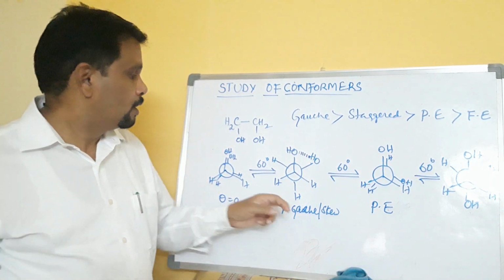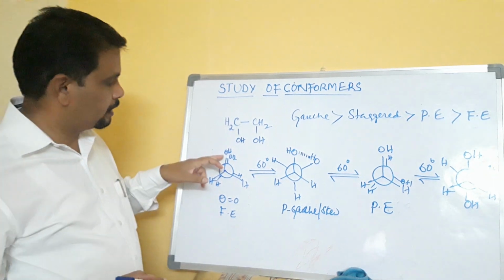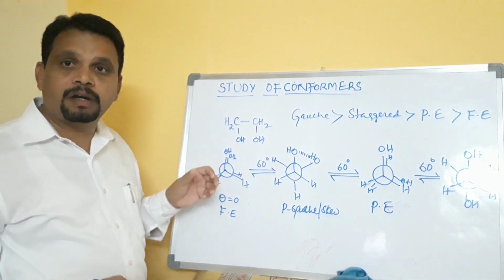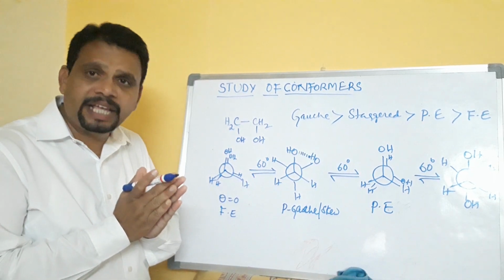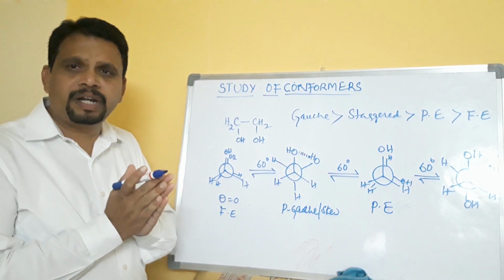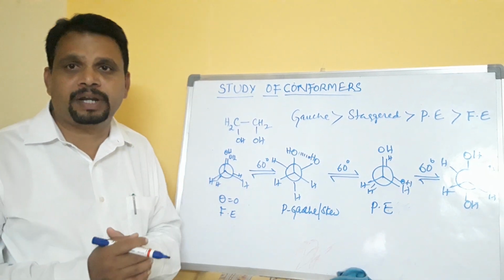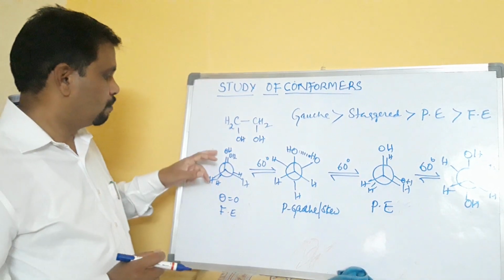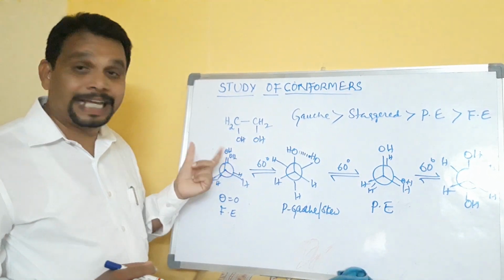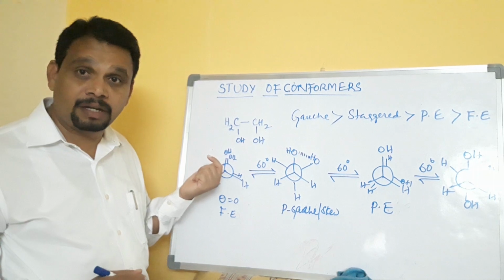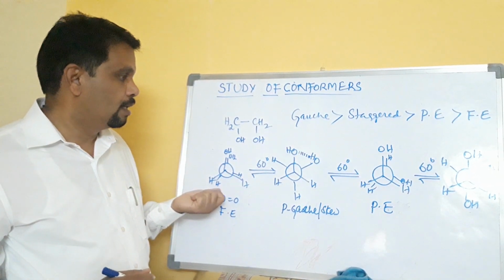Here the distance between these two is very small, so there is a possibility of hydrogen bonding, whereas in the fully eclipsed conformer, eclipsed strain and steric strain are all present.